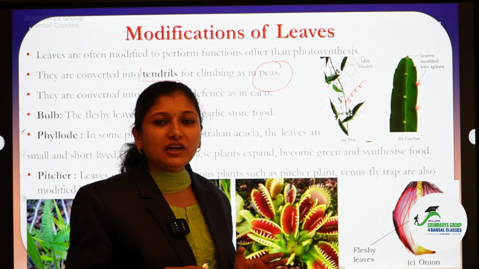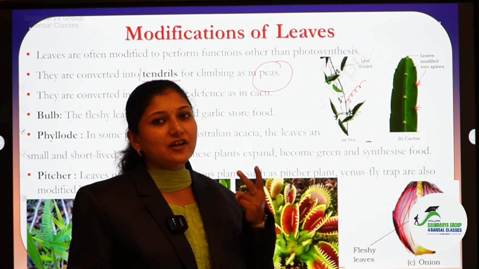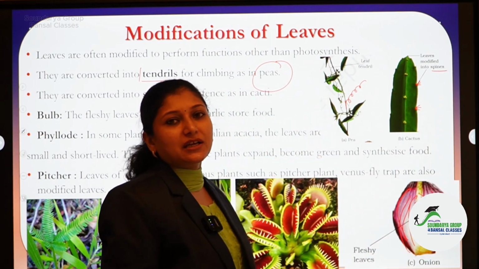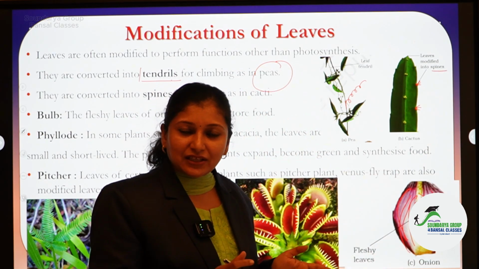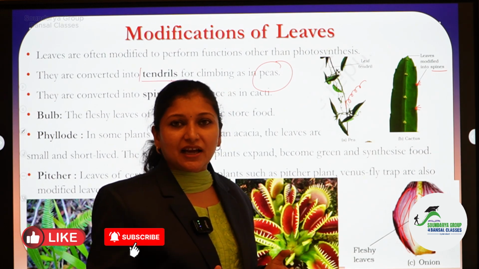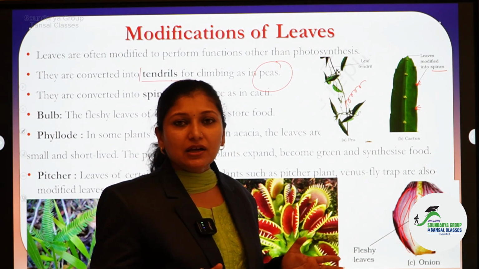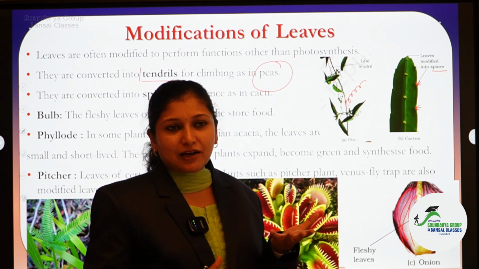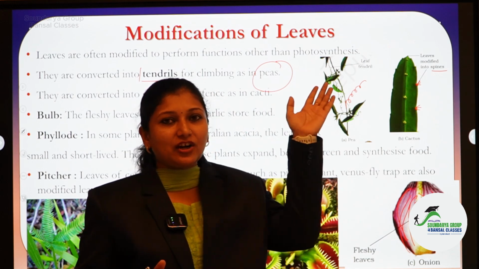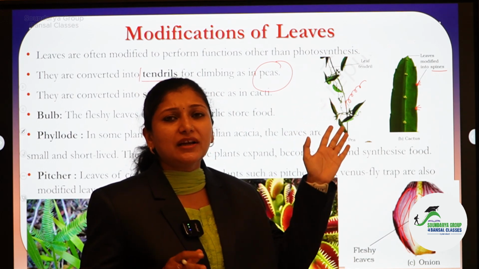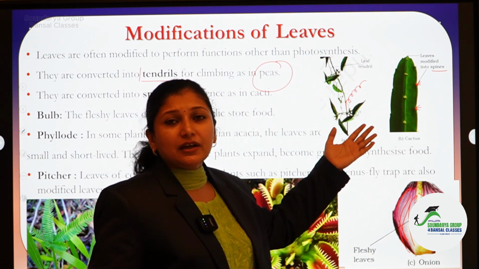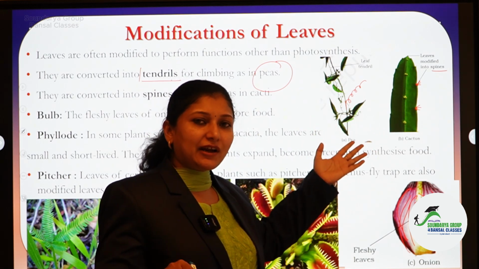These leaves are modified for protection, and a second function of the spines is reducing the transpiration rate, as they are in a xerophytic area, meaning in a desert area where very little water is present in the environment, in the soil. If leaves are present, they will have stomata, and from the stomata transpiration occurs, meaning water will evaporate. So if leaves are present, they will be doing transpiration.